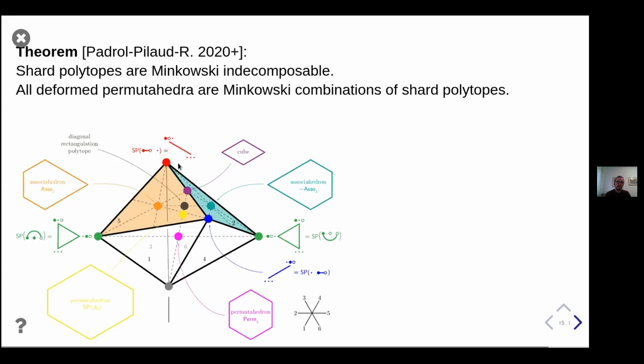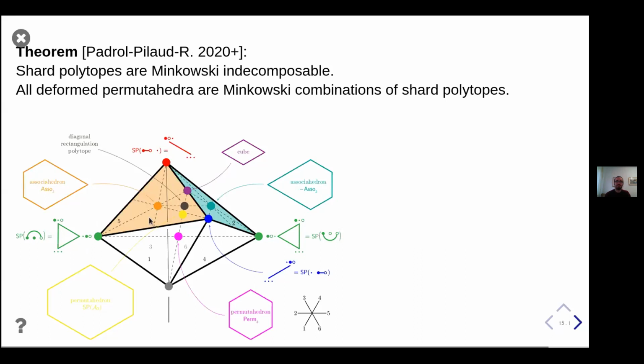We get this space, and each of our shard polytopes is one of the vertices. The blue one is here, the red one is here, the green one is here, and this one is there. And we can also find, for example, the classical associahedron or a translate of it as the Minkowski sum of the red shard polytope, the blue shard polytope, and that shard polytope.